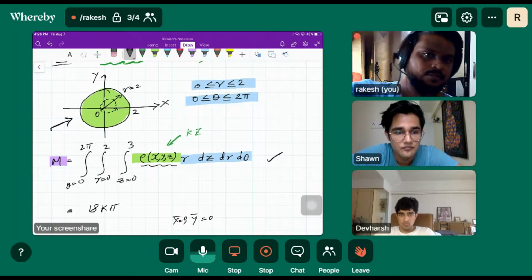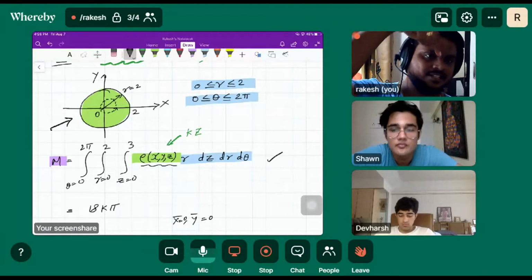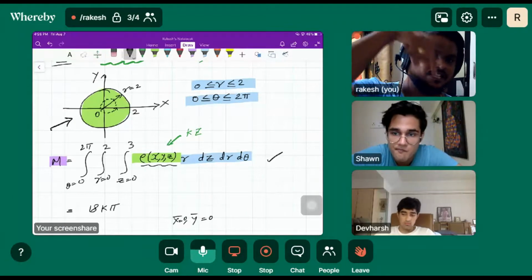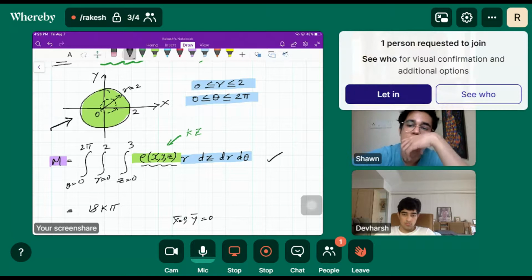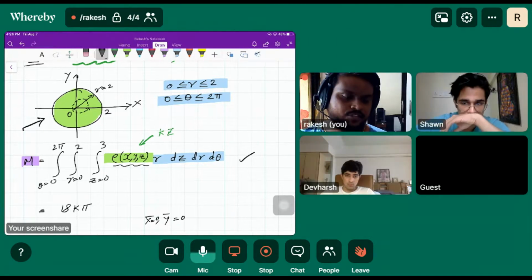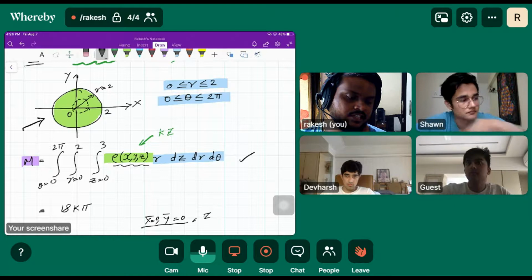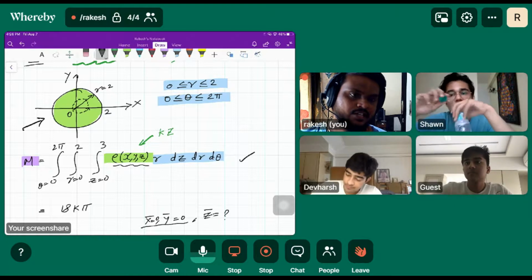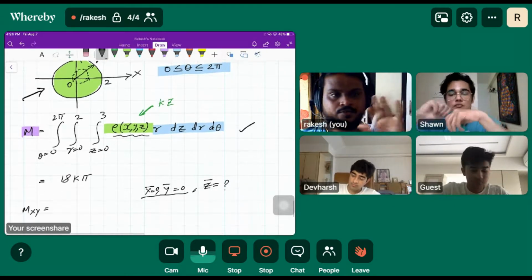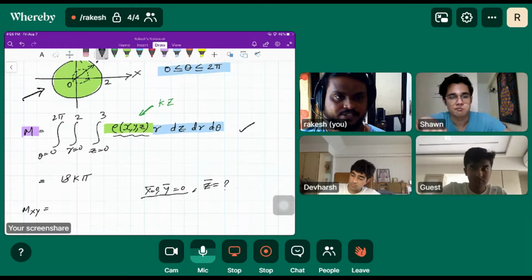So the center of mass has to be on the z axis. Therefore the x and y coordinates of the center of mass will be 0, and therefore we find out z bar. And to figure out z bar, we just calculate mxy.